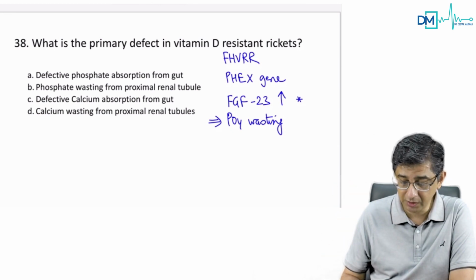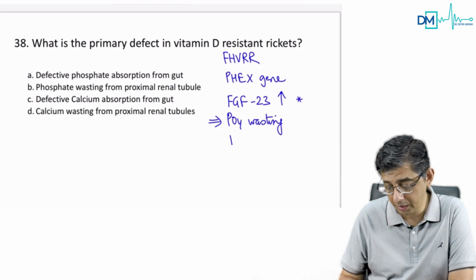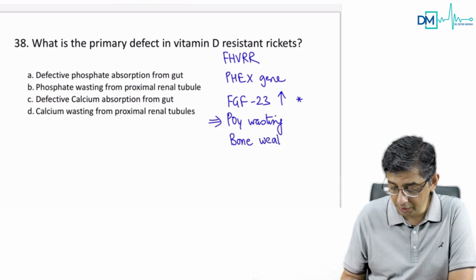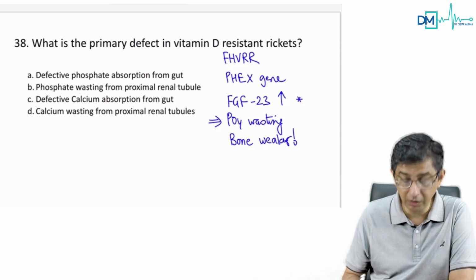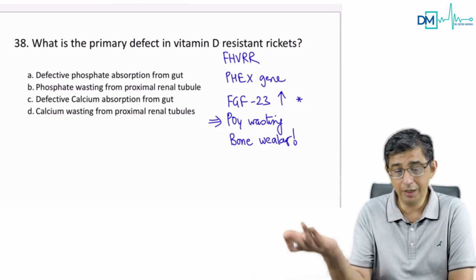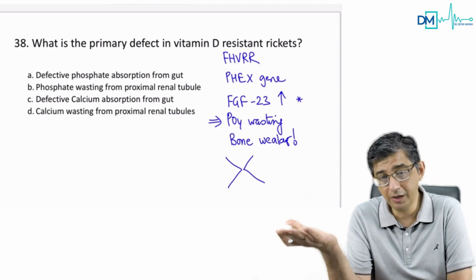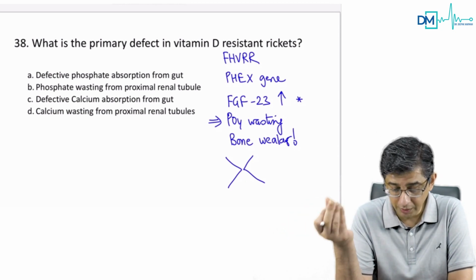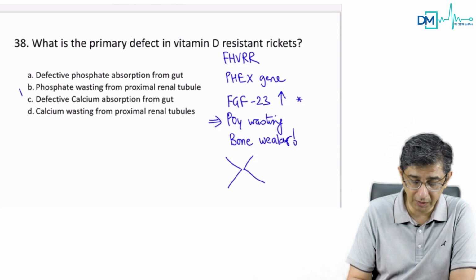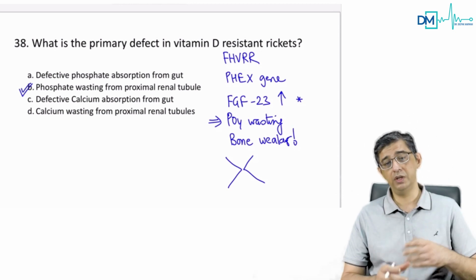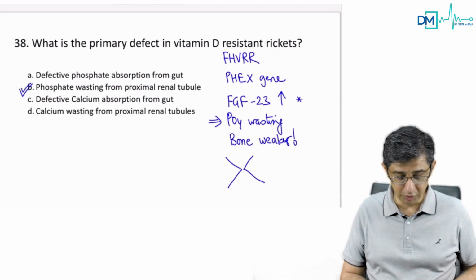And when phosphate is kicked out, then calcium hydroxyapatite is relatively lesser and the bone becomes relatively weaker. And that is where the deformities would come, like let me say knock knees would come up in the patient, or there could be bow legs occurring in the patient. So the bottom line is in resistant rickets, there is a defective PHEX gene that contributes to phosphate wasting from the proximal renal tubules.